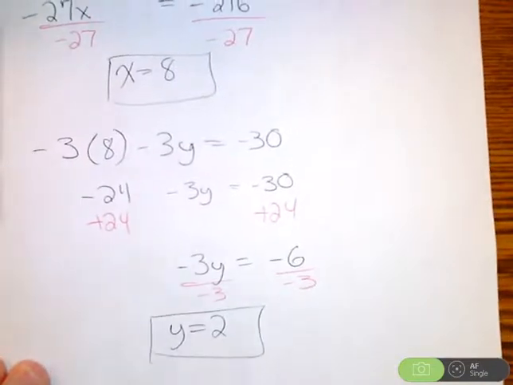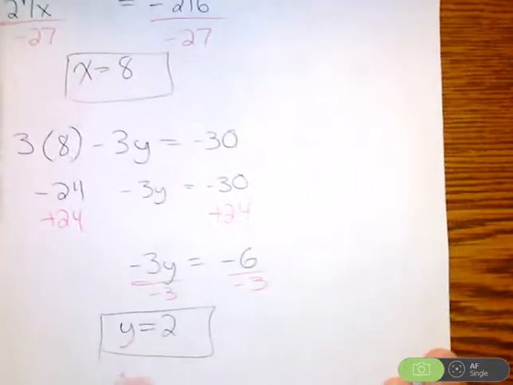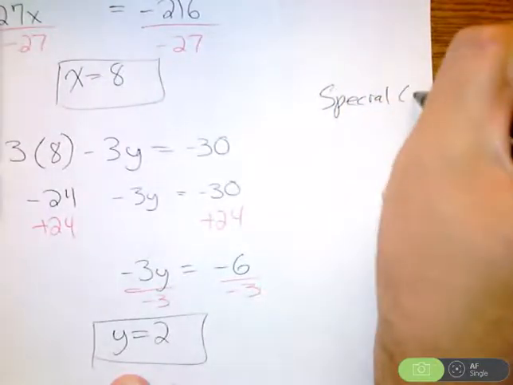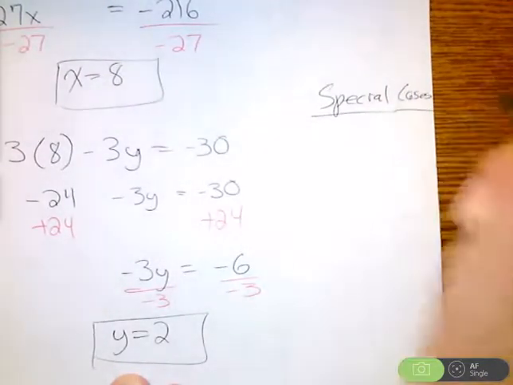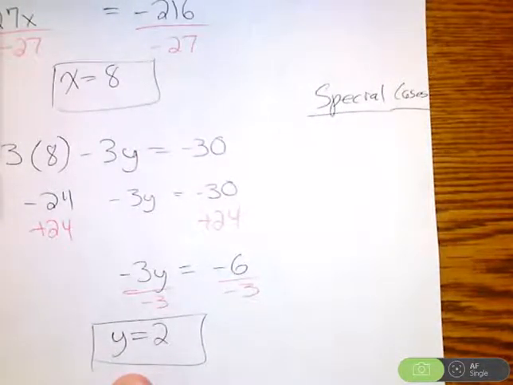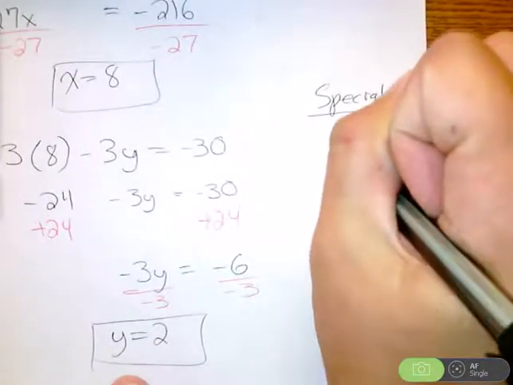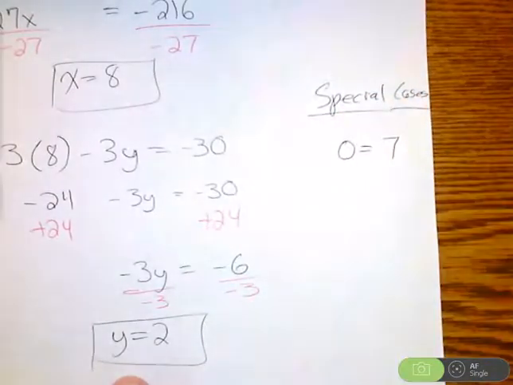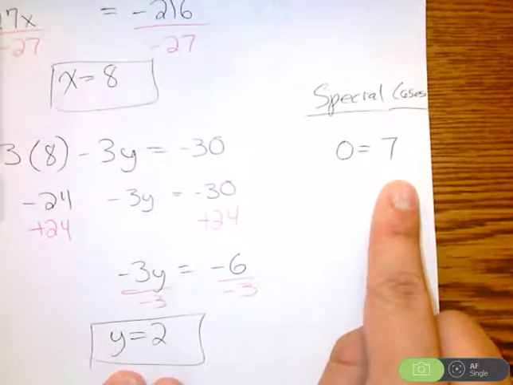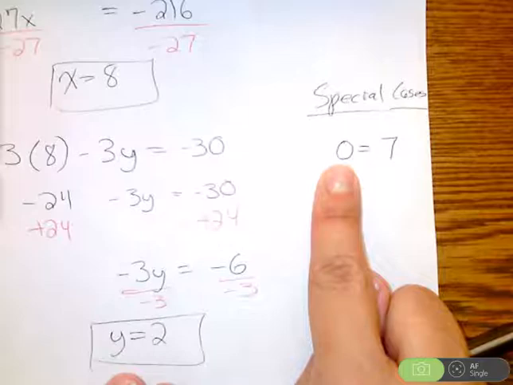One more thing I want to comment on in this video, though, is things you need to be careful of. There are special cases when you solve these systems. If at any point you're solving by elimination, or my other video, which is substitution, and say all the x's and all the y's cancel out, and you're left with just something like 0 equals 7, this can happen. This doesn't mean you did anything incorrect. What you have to think about is 0 equal to 7.